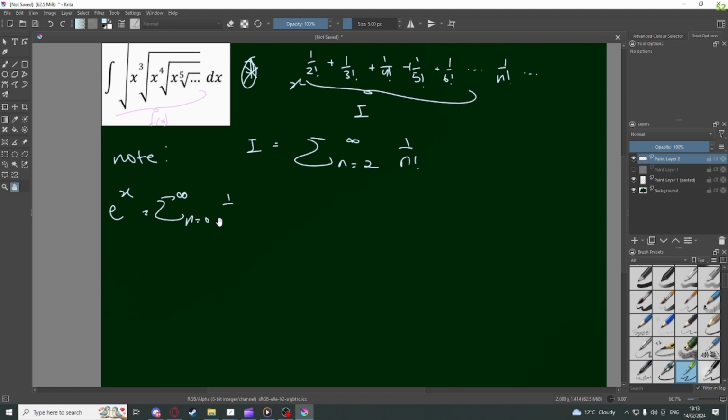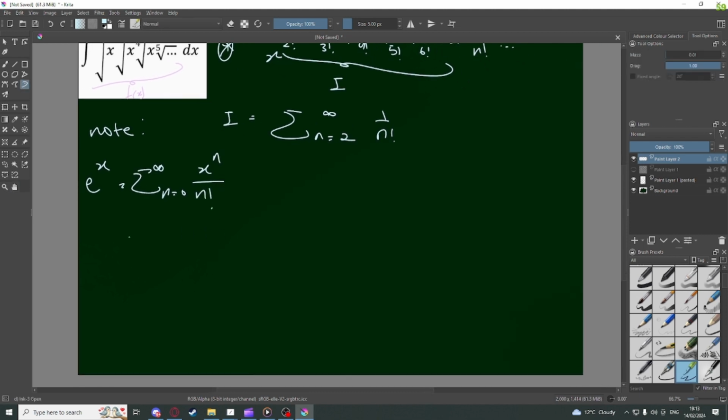Sorry, my bad, that is a lie. The Taylor series expansion for e to the x is x to the n over n factorial, and so e to the first power is 1 to the power of n over n factorial, for n being positive integers.